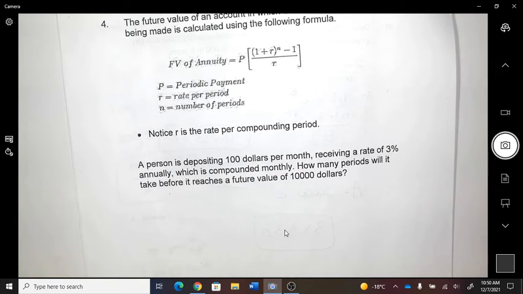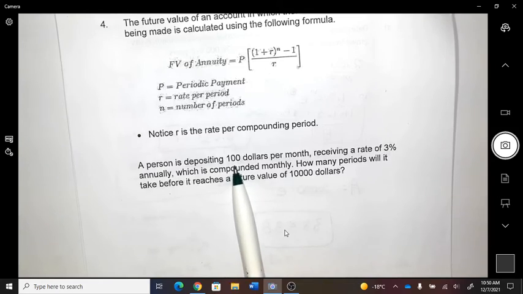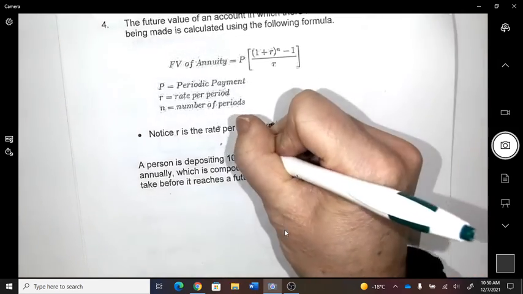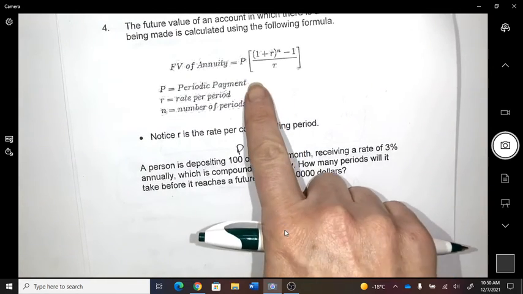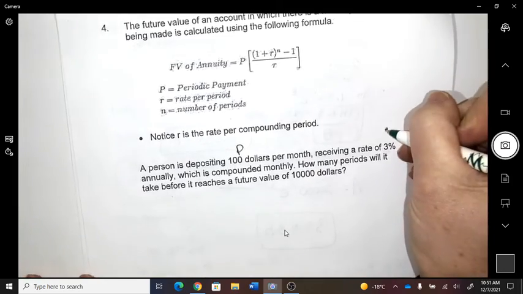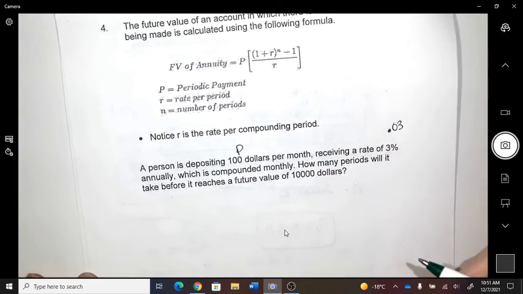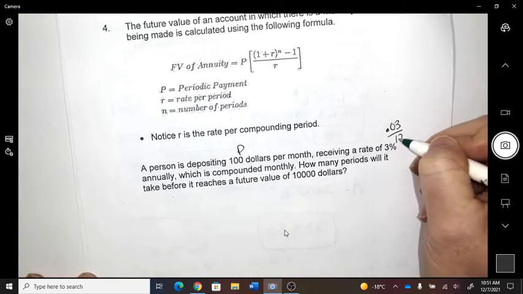Okay, so here's the formula for making payments. You're getting compounds of interest, and you're going to end up with money at the end. Okay, so if you deposit $100 per month, that would be your P, because that's your payments, your periodic payment. 3% annual, so 0.03, compounded monthly, so divided by 12.